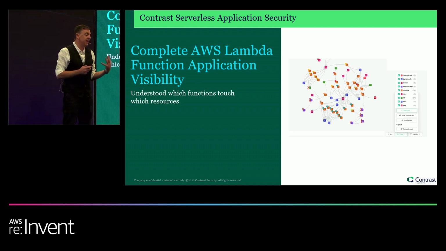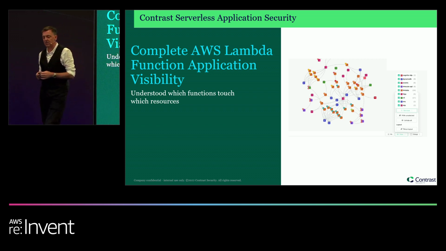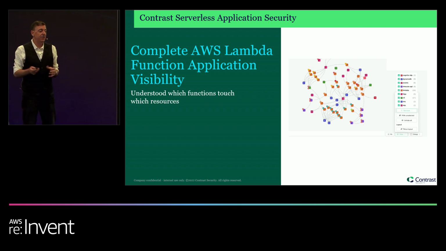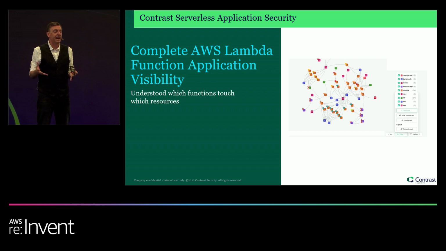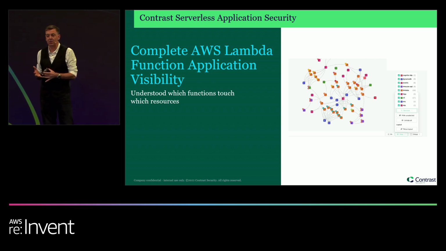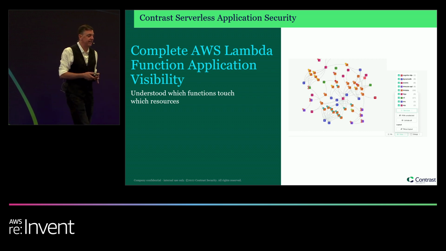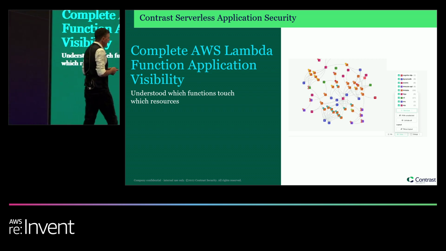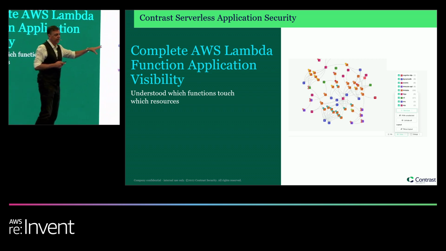We can help you assess the criticality of it by, for example, saying, hey, this vulnerable function is attached to a critical data resource. So that's going to be something that's going to be higher on my priority list to fix. The other thing you could do is actually see what we call the blast radius of this, where if there was a vulnerability in a certain area of your code, what is that attached to and what data does that potentially expose? The other thing that we really do here is look at the permissioning of these functions.